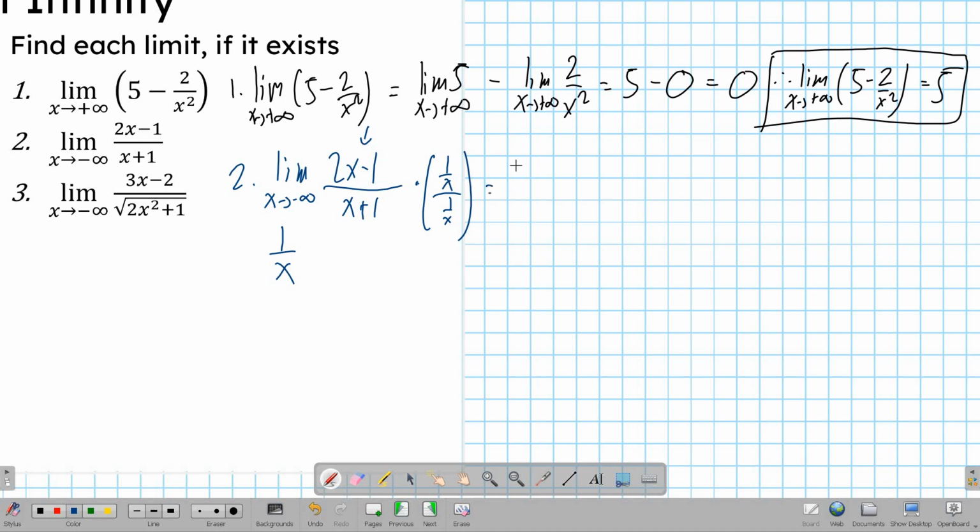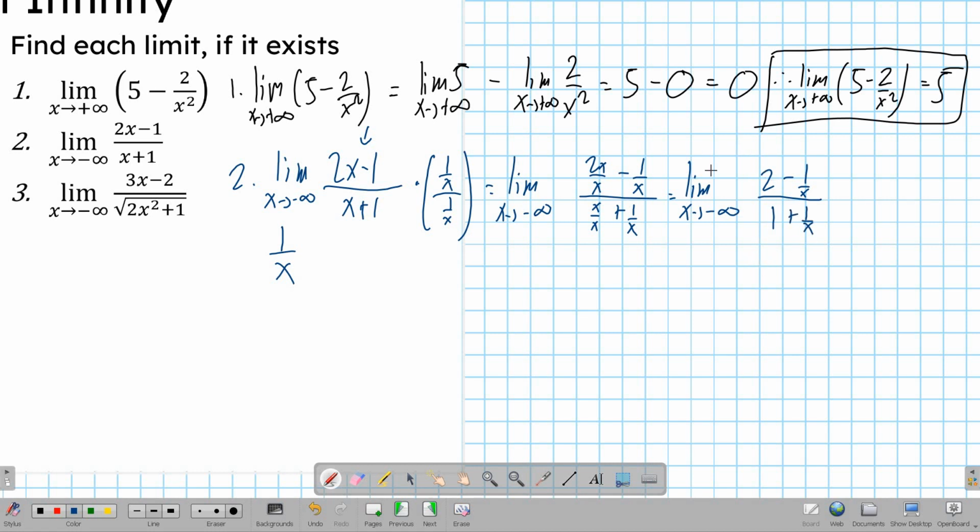In doing so, this becomes the limit as x approaches negative infinity of 2x over x minus 1 over x, all over x over x plus 1 over x. If we simplify, we have the limit as x approaches negative infinity of 2 minus 1 over x over 1 plus 1 over x.